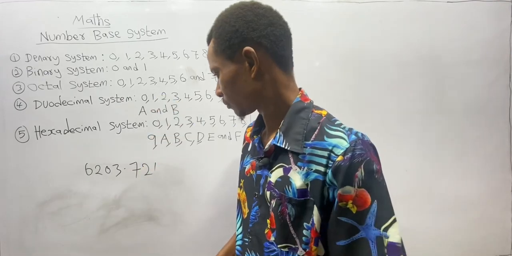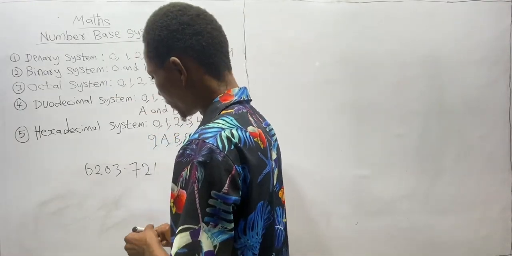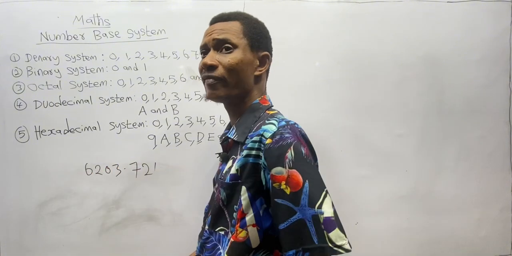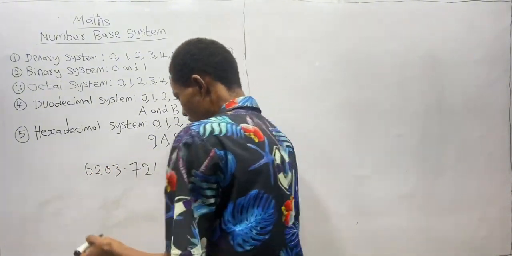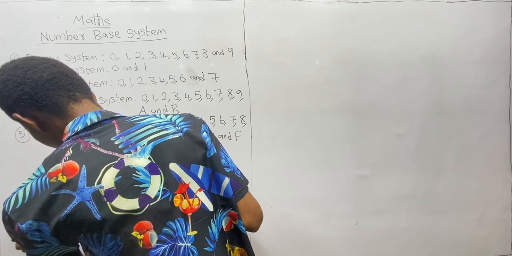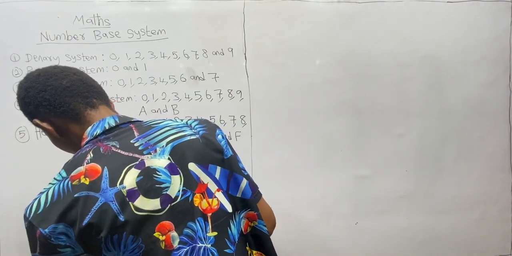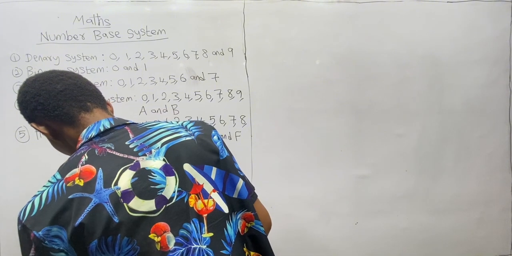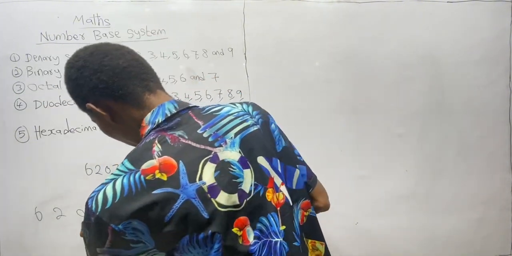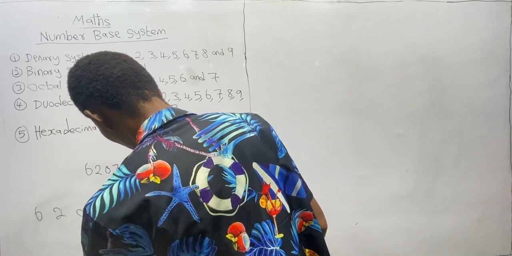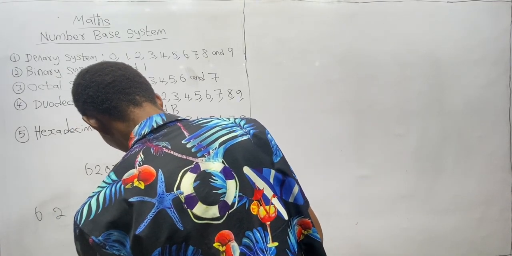Now look up. Let me write the number again, in the place value using the place value diagram. Something like this. We have 6, we have 2, we have 0, we have 3, we have our point here, we have 7, we have 2, and we have 1.